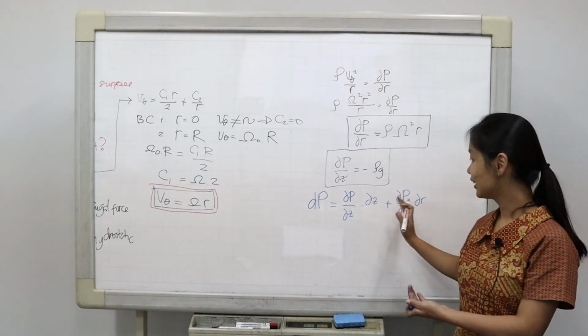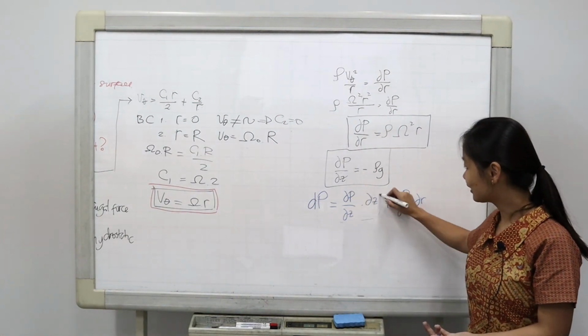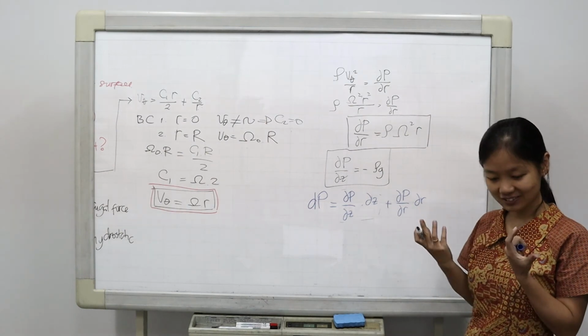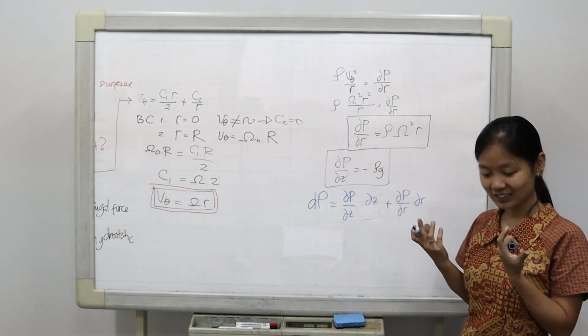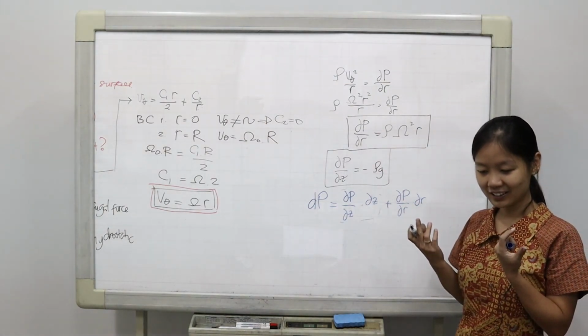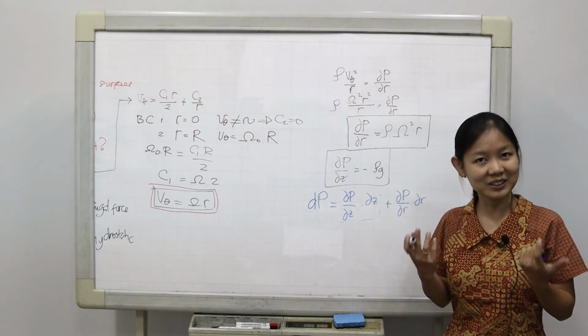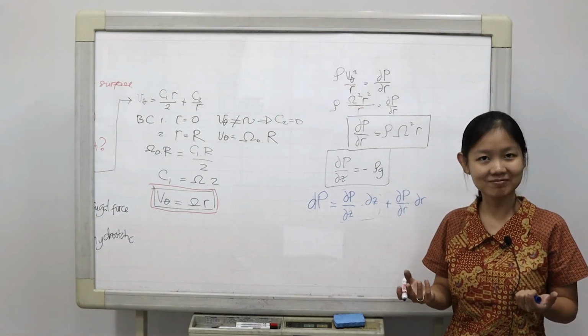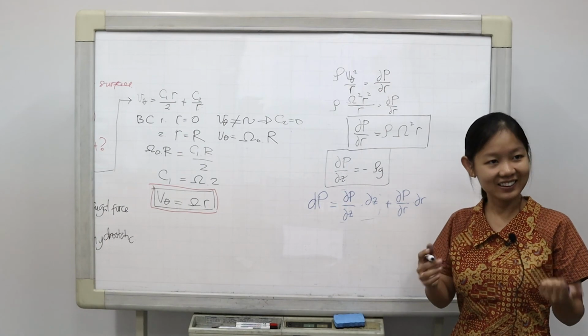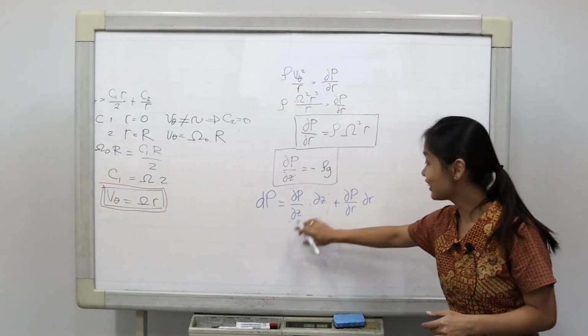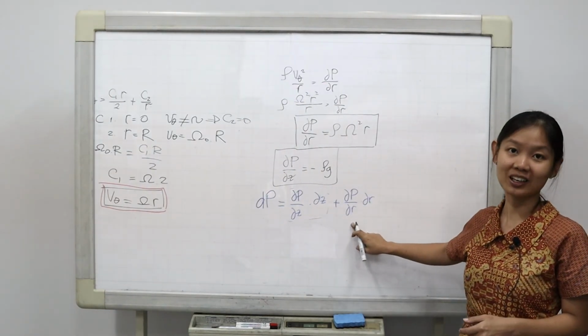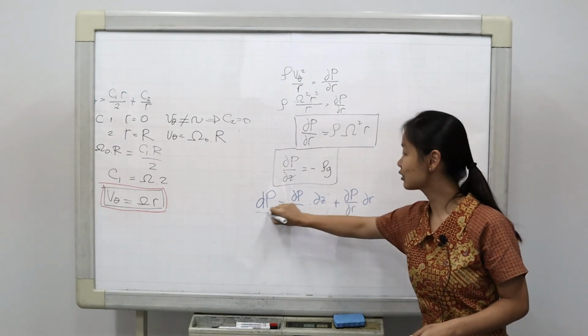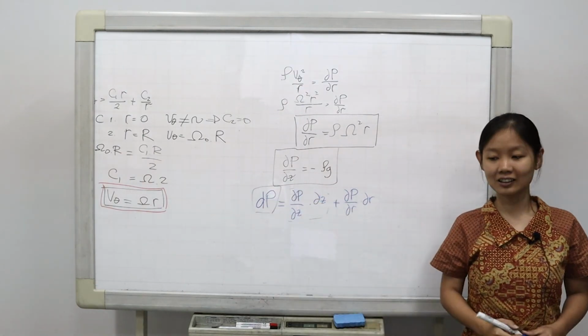This one is a partial differential with respect to z, and this one is partial with respect to r. In total you have this total differentiation.